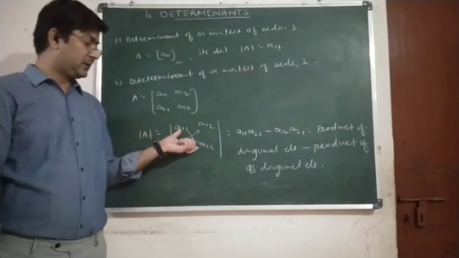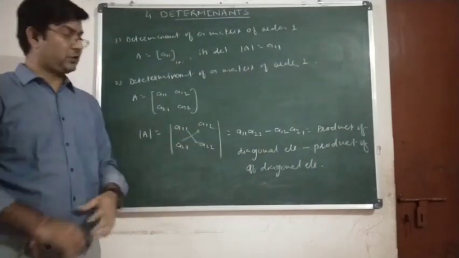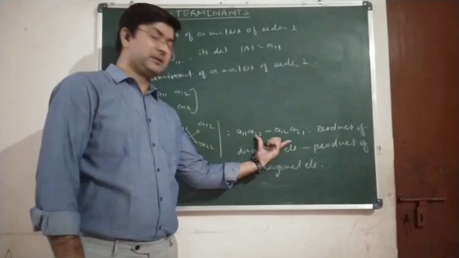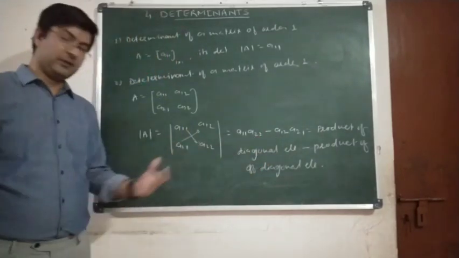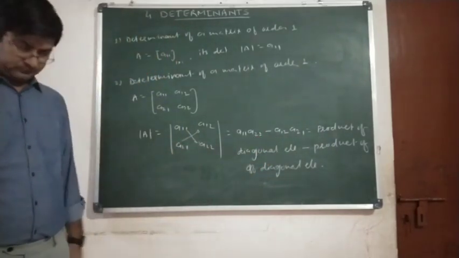I will multiply the diagonal elements minus the off-diagonal elements. This expression gives us the value of the determinant of order 2.